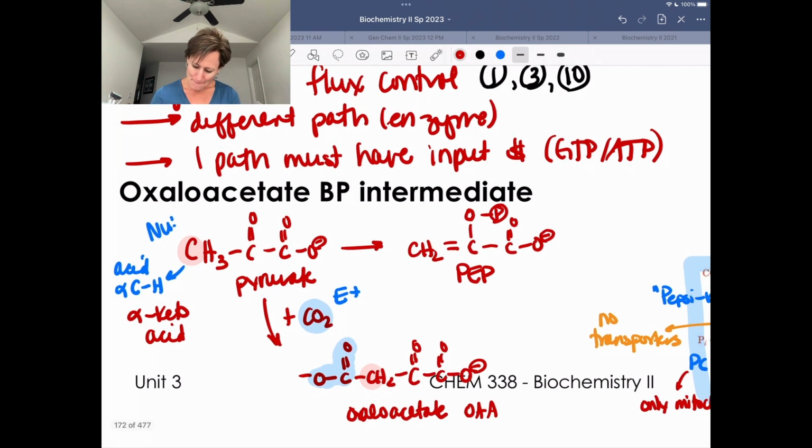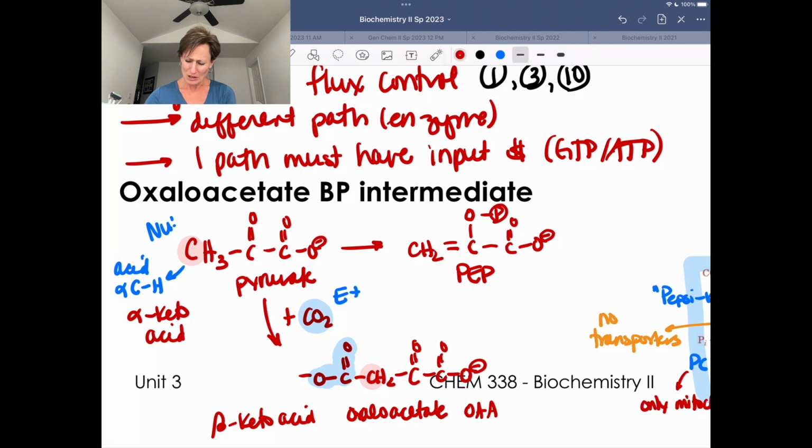Okay, so what's going to happen here? Oxaloacetate is a beta keto acid. What we know about beta keto acids is they easily decarboxylate. So see if you follow this logic here. I've got these lone pairs of electrons on this oxygen coming down to form a double bond, and then we're going to put those electrons back here.